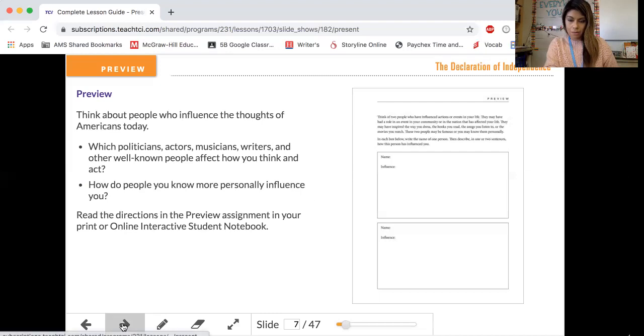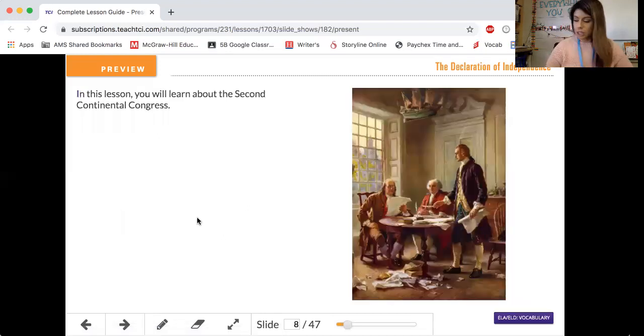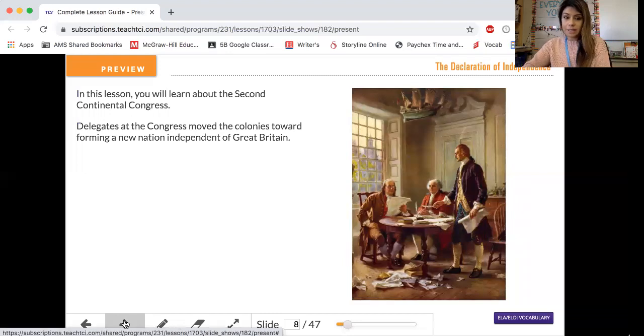All right, welcome back. In this lesson, you will learn about the Second Continental Congress. Delegates at the Congress moved the colonies toward forming a new nation independent of Great Britain.